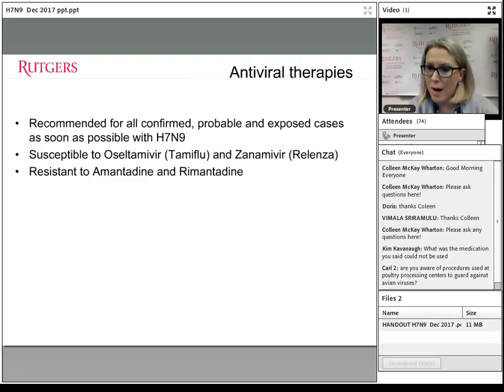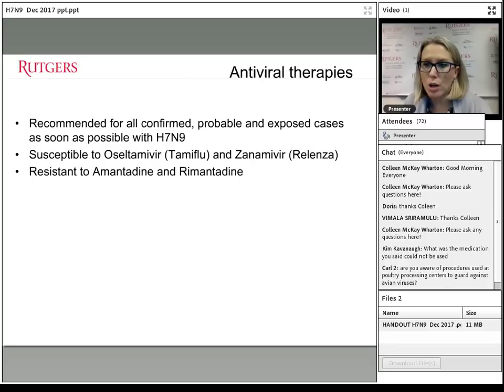And we had another question about if I'm aware of procedures used at poultry processing centers to guard against avian viruses. I don't specifically know, other than I know that they're trying to do more cold chain transport and storage and improve those processes, and disinfection use. In the United States, of course, we have very stringent food safety requirements.